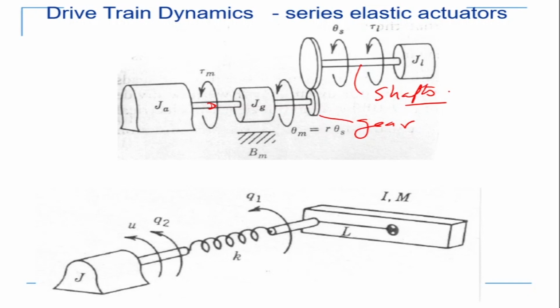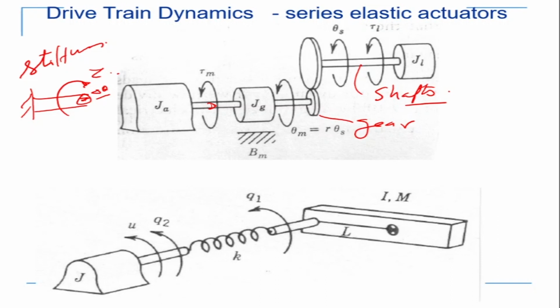Now in reality they will not be rigid bodies, so there will be some amount of stiffness there. In a shaft, if I give a torque tau, there is going to be some deflection, del theta, a very small amount. That is what I mean by the stiffness of the shaft. It's like a spring.